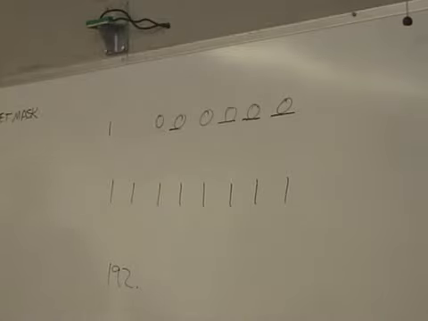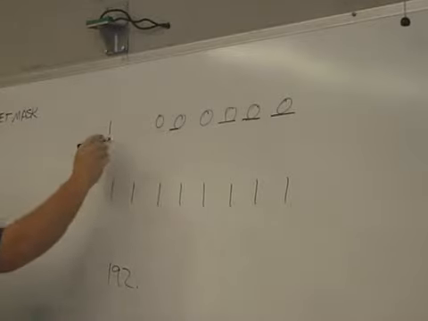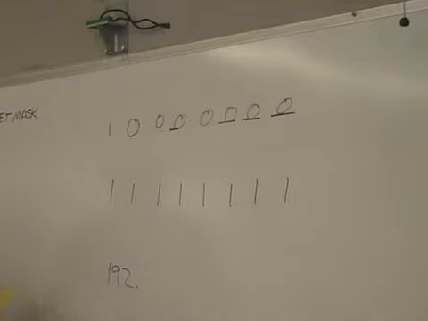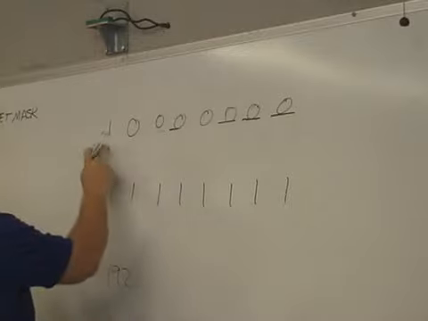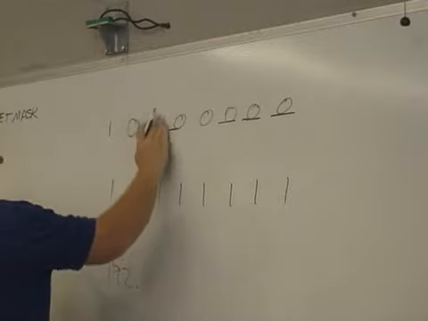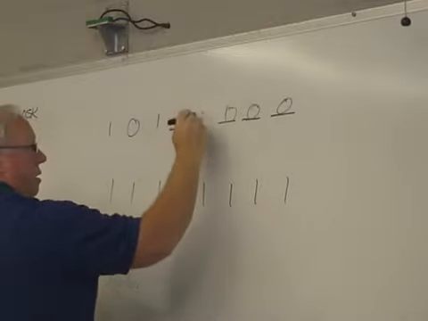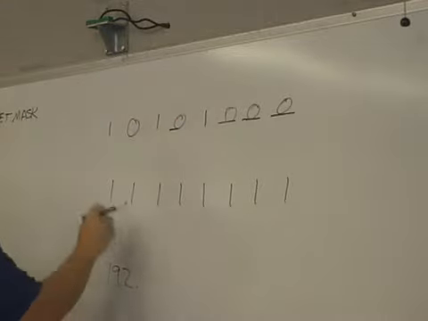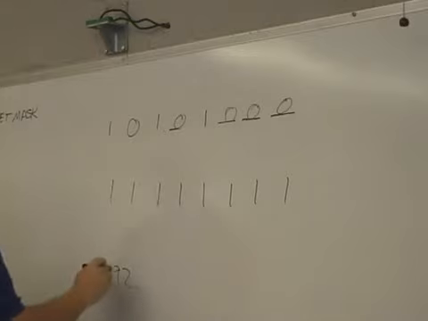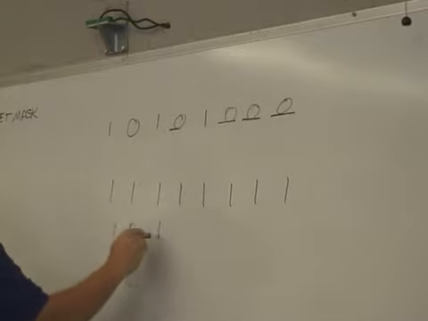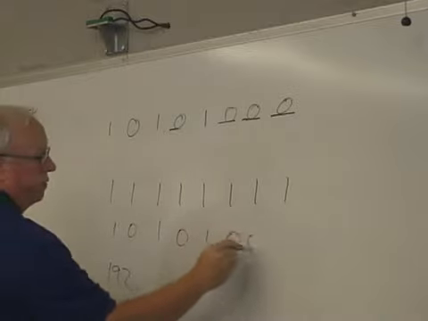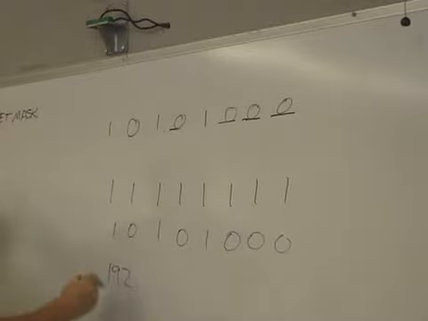I've got 128 and I need 40 more. 32 and 8, exactly. So this is 128, 64, so I need a 32. This is 16, and I need an 8. Right? So now, if I AND those all together, what am I going to get? I'm going to get 1, 0, 1, 0, 1, 0, 0, 0, which is the same thing, 168.